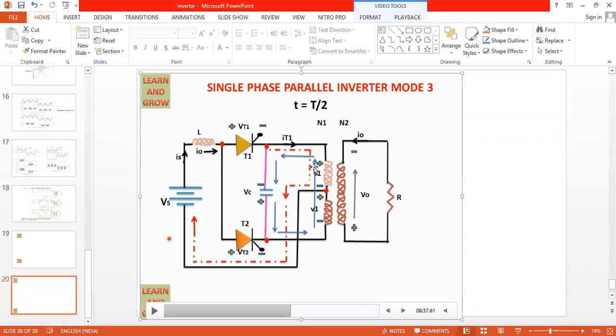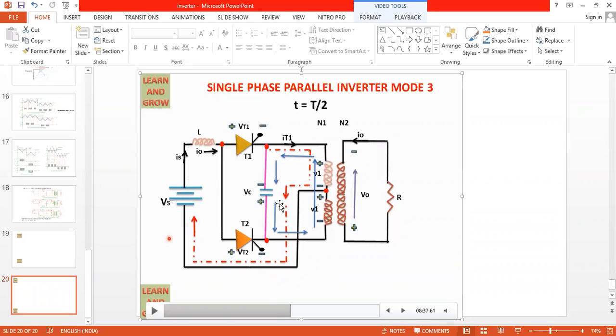Yes, let us take back. So in mode 4, what is the mode 4 here? Mode 4 starts with turning off the SCR-T1. When SCR-T1 is on, the direction of the current starts from Vs plus to inductor, inductor to T1, and T1 to the upper winding to common point to the Vs minus.